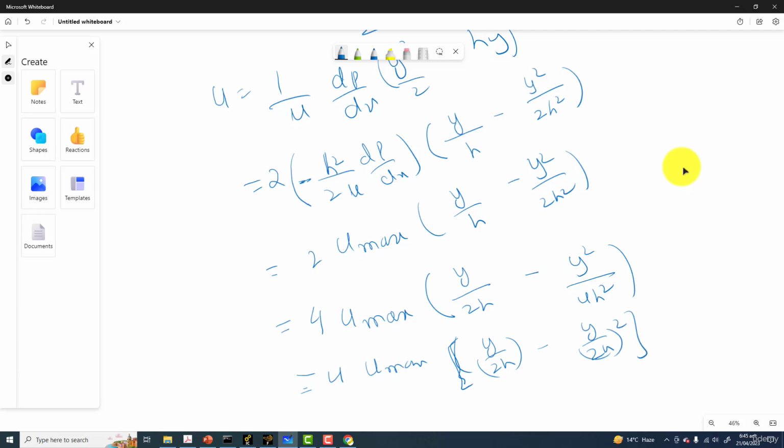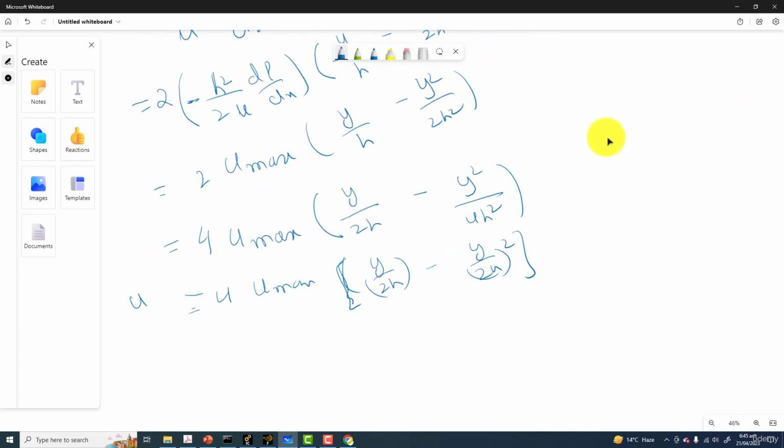Okay, and also keep this thing in mind that the u maximum is equal to minus h square upon 2 mu dp by dx. Okay, and now we need to find out the u mean. So u mean would be equal to q upon area.